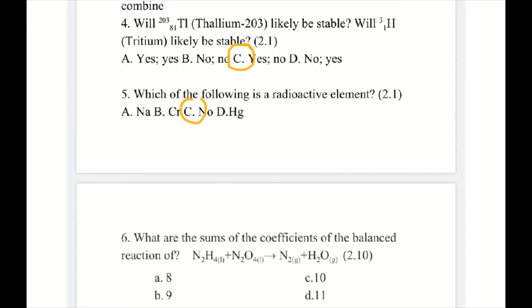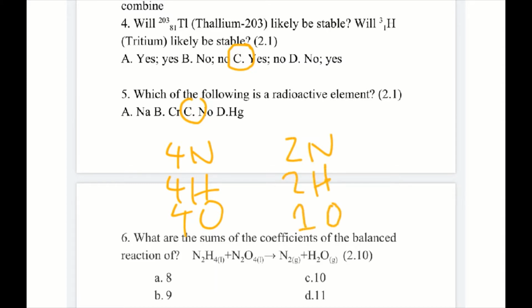Well, let's find the number of nitrogens, hydrogens, and oxygens. So on the left-hand side, we have 4 nitrogens, 4 hydrogens, and 4 oxygens. On the right-hand side, we have 2 nitrogens, 2 hydrogens, and 1 oxygen. So to first balance this, I think I would naturally add a 4 here. So if I add a 4 there, then this becomes 4, and this becomes 8.